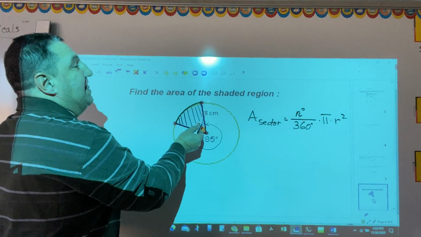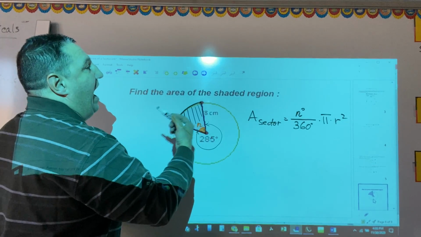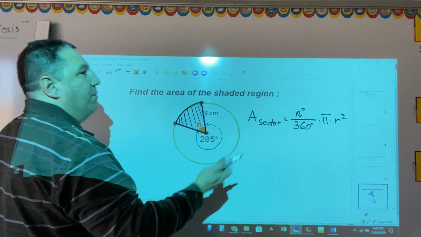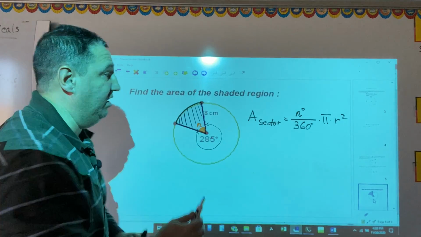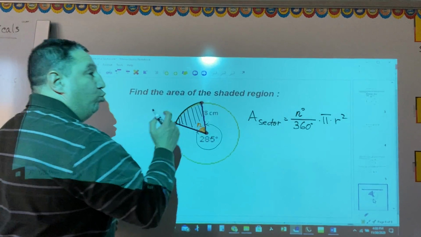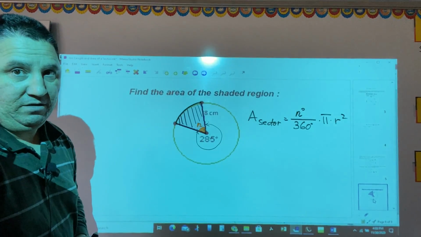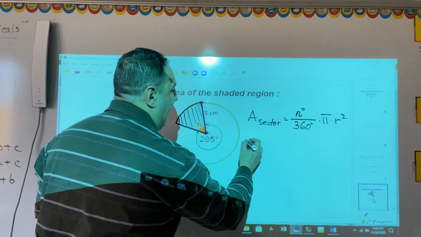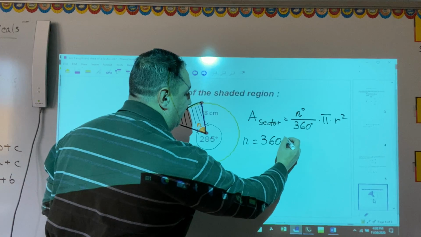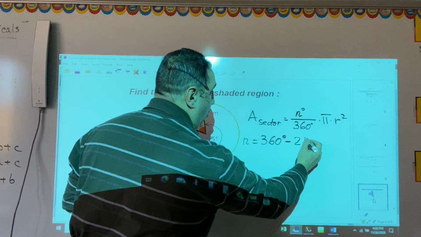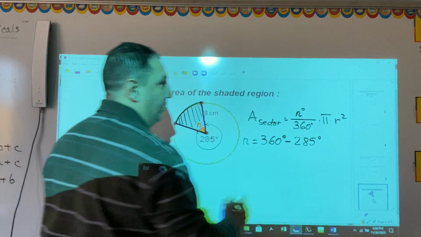To find the measure of n, we have to subtract 285 from 360, which is the measure of a full circle. So n would be 360 degrees minus 285 degrees.